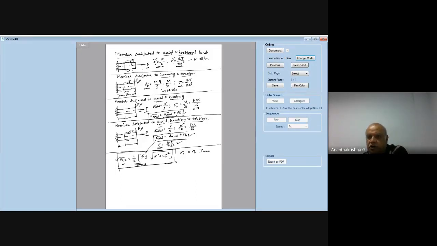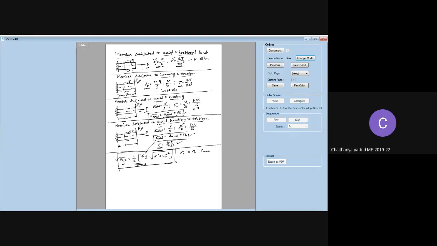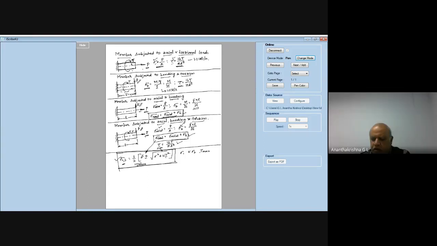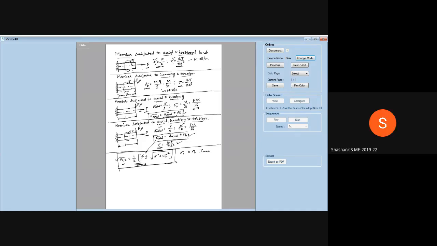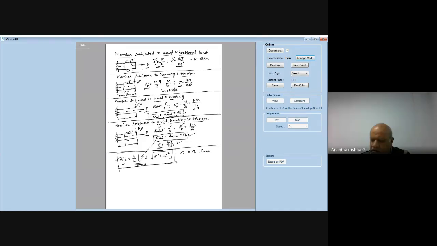Suddenly 3 have joined. What is this? Chaitanya Patel, yes, sir. Mahesh Madiwal, Nishant, Ramesh, Shashank, Akshat. Yes, sir.